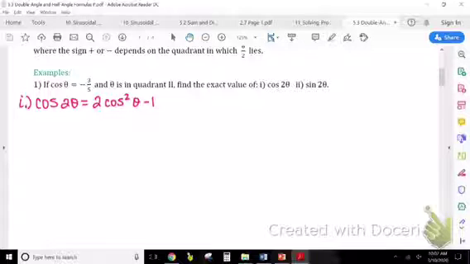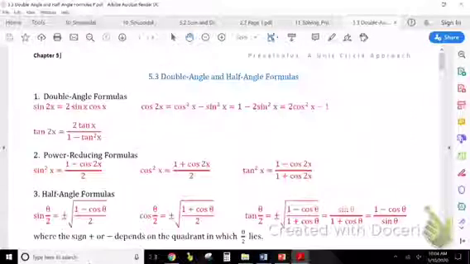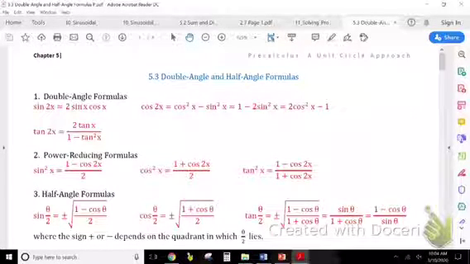All right, so let's look back up here at our notes, up here in the top. Do you see this right here? All right, so you see where it says cosine of 2x? That's like my cosine of 2 theta. But there's 3 different options here that we can use. We could use this first one, cosine squared minus sine squared, but I don't know sine in that problem, do I?